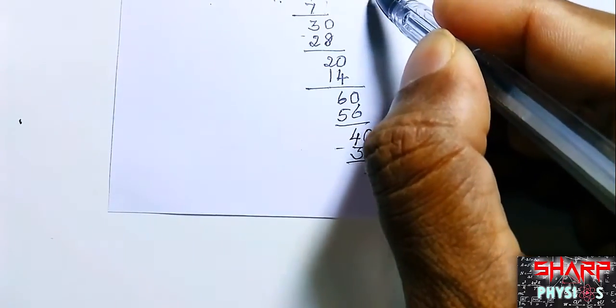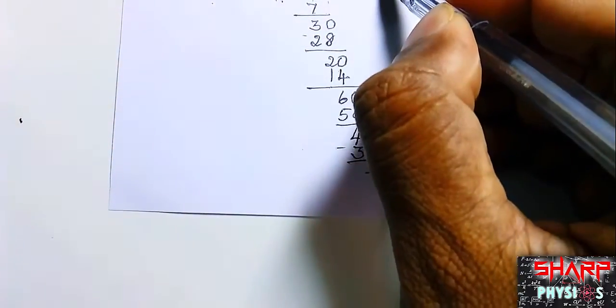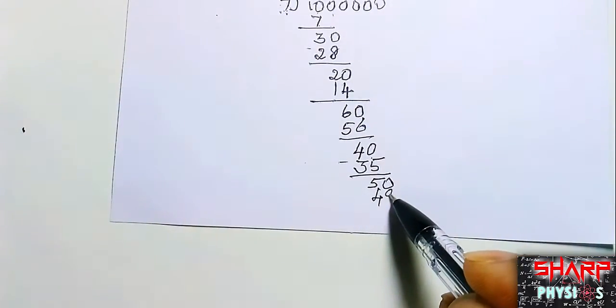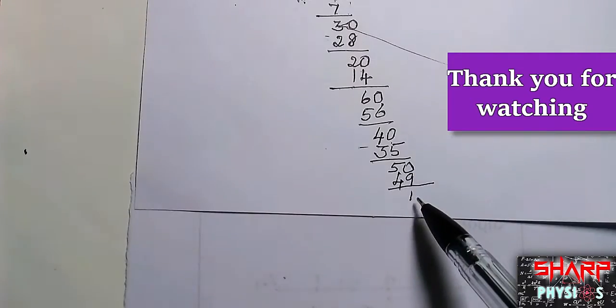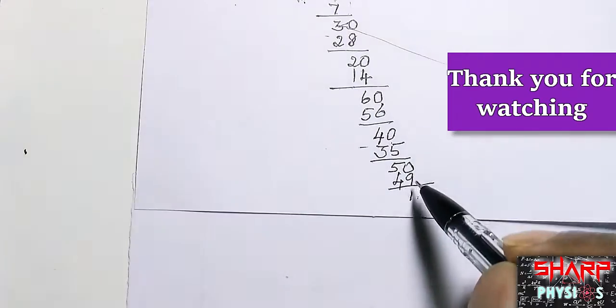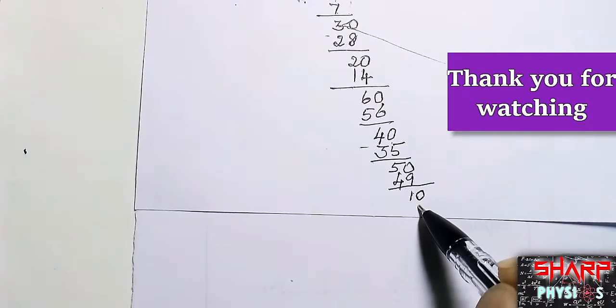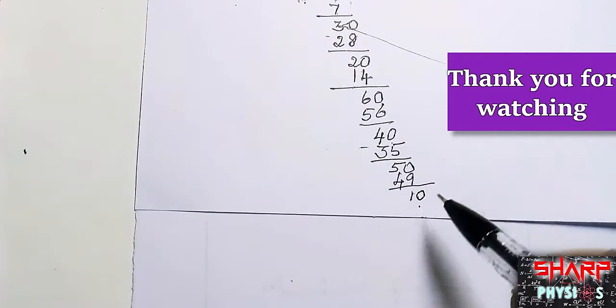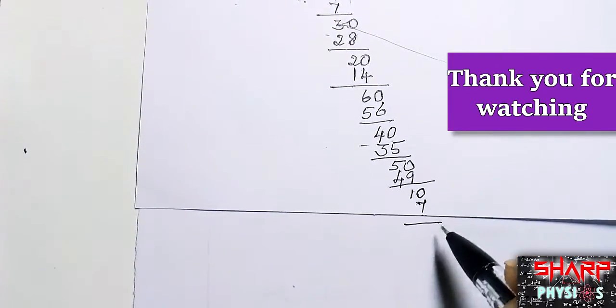So place a 0 here and bring that 0 here. 7 sevens are 49. Again you get a remainder 1. Then place a 0 here and bring that 0 here. 7 ones are 7. And you get a remainder 3.